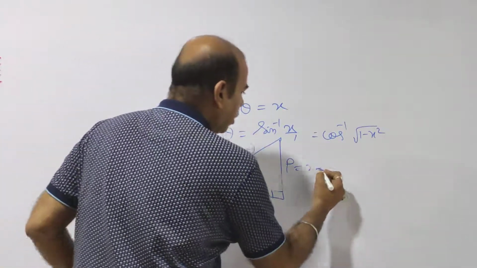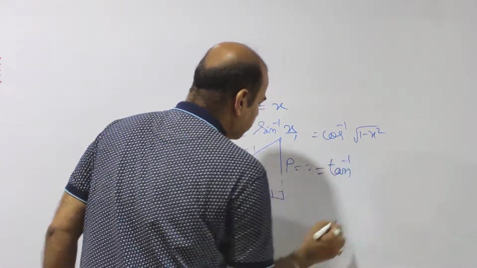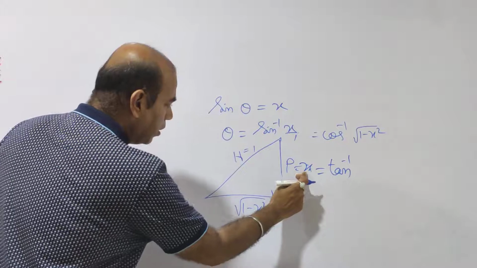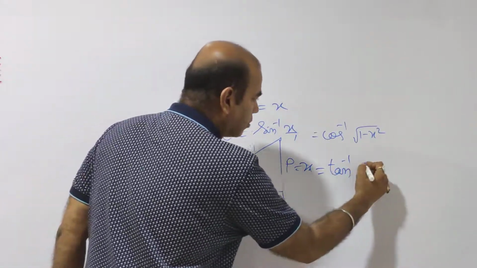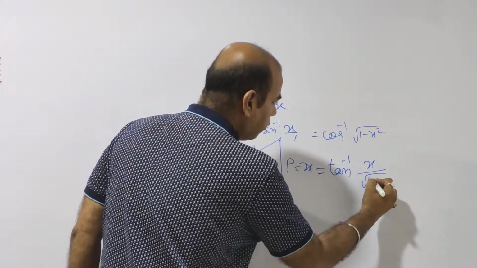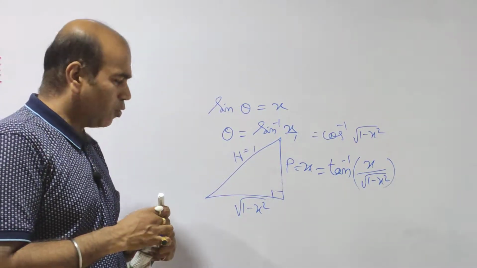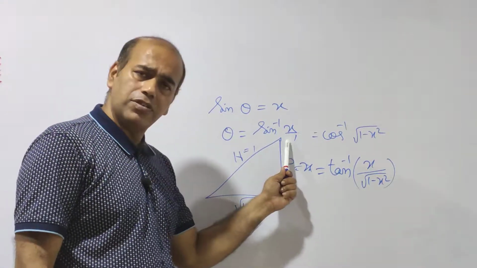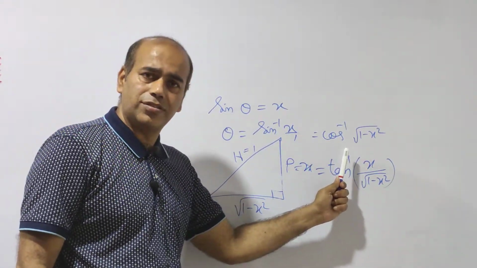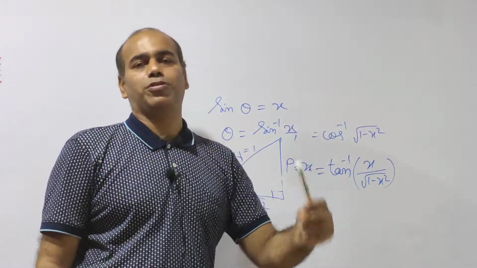Also I can write tan inverse. Tan is perpendicular by base, so x by root over 1 minus x square. That is also possible. So what I did: sine inverse x, I changed it to cos inverse and then to tan inverse also.